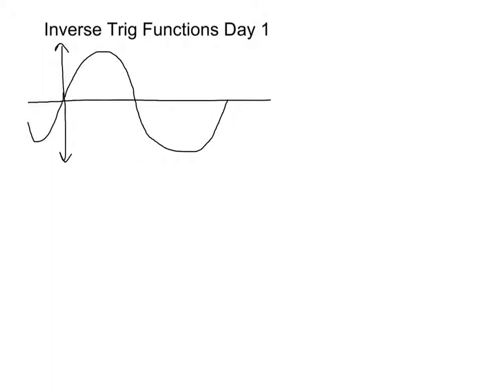something similar to that. And what happens is when you use the horizontal line test, you're going to notice that the sine function is not a function because it doesn't pass the horizontal line test. So what we have to do is restrict the domain so it will have an inverse.